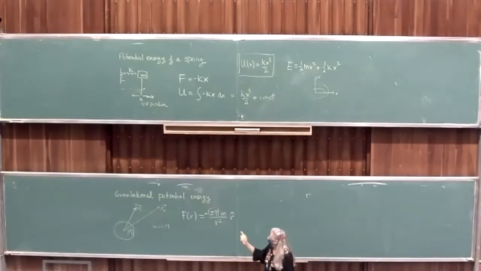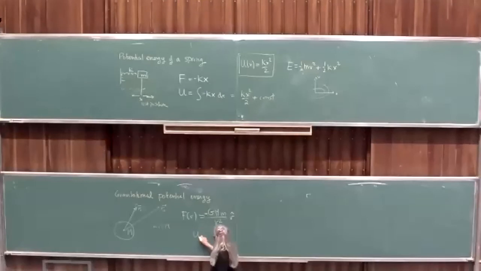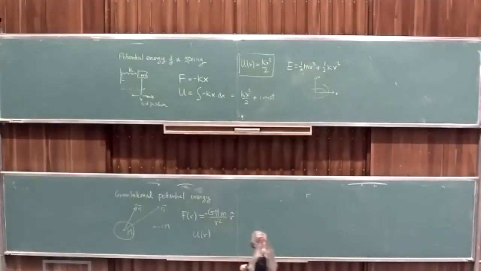But since the force is only radial, we can write the potential as a radial function, because if the force had any tangential components, then the potential would depend on the angles. But it doesn't have any tangential components. So U is going to be a function of R, and we just need to integrate this.